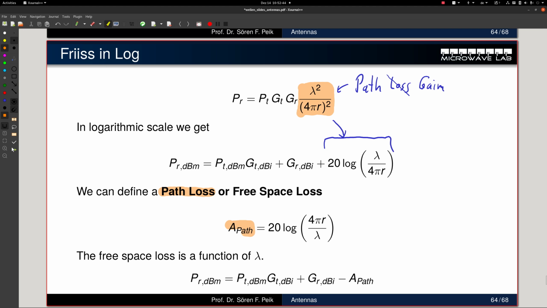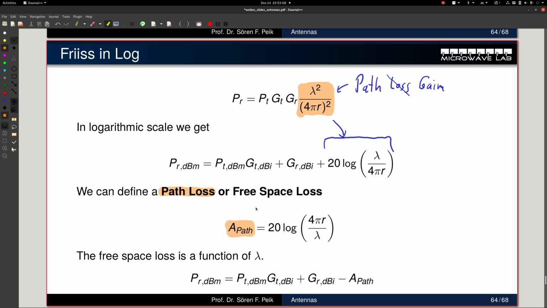And that's my attenuation. A path loss equals 20 times log of 4 pi r over lambda, which is 1 over this, and then the square can go to the front, and it's not 10 log, it's 20 log, and then the 4 pi r is in the numerator, and the lambda goes into the denominator.